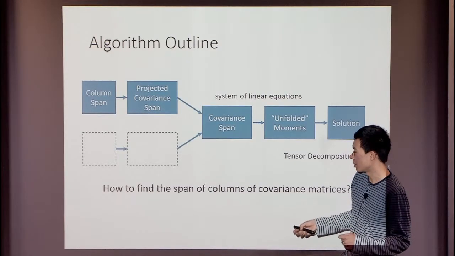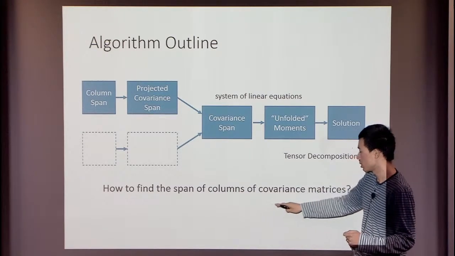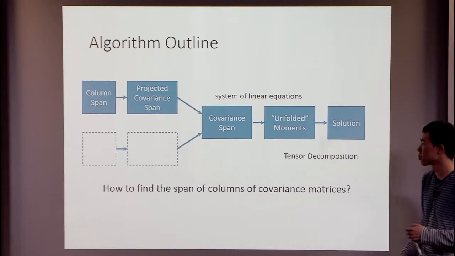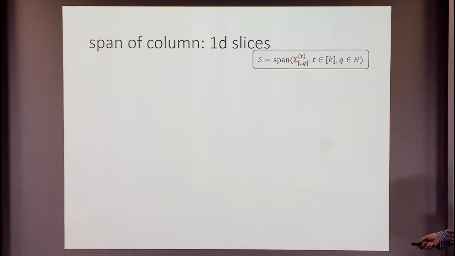So the problem now is how do we find the span of columns of covariance matrices? And the idea is very similar. Recall S is really the span of all these columns. We again look at the moment structure, but here instead we look at one-dimensional slices.